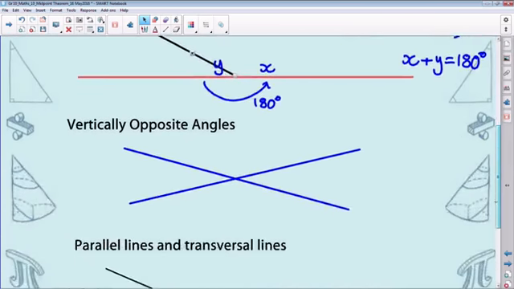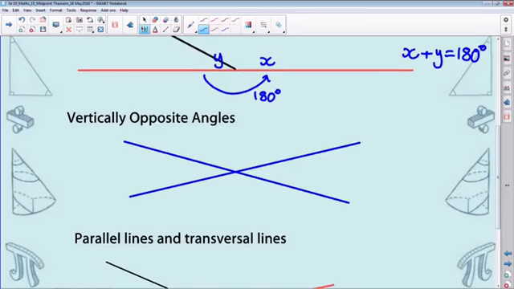Then we have vertically opposite angles. You'll remember from last week that if angles are vertically opposite to each other, they are equal to each other. So the reason we give here is vert opp and then the sign for angles.